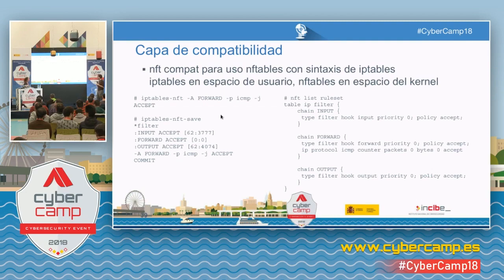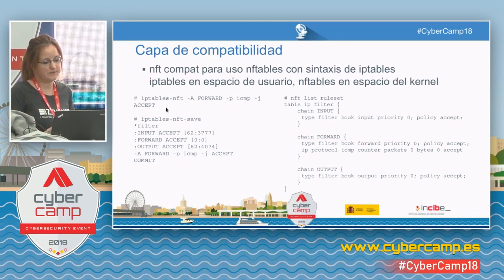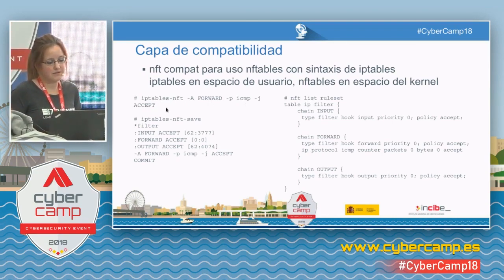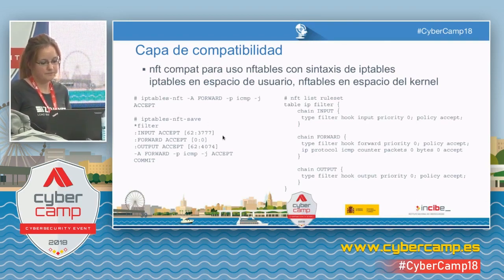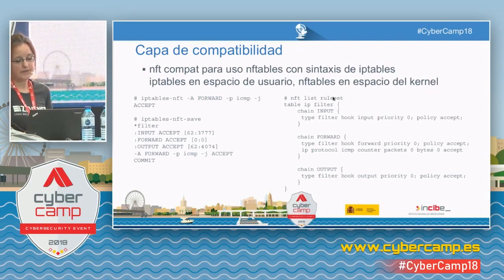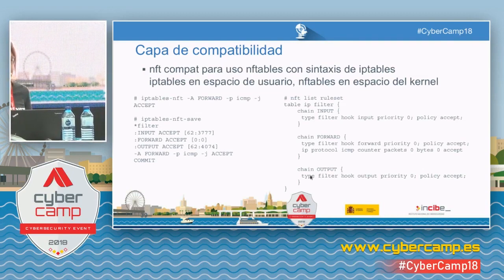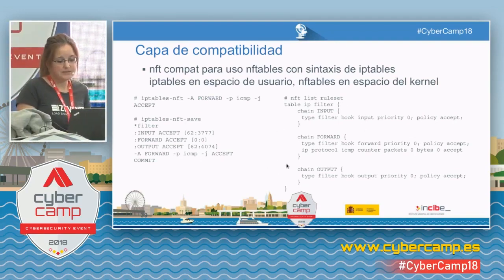Here we can see an example. I don't know if you can see this from the back of the room. Here we have iptables -A FORWARD, the syntax on iptables, which then generates this file with iptables-save. When we run the file with nft list ruleset, we would then see the rules and the chains that have been generated with iptables.